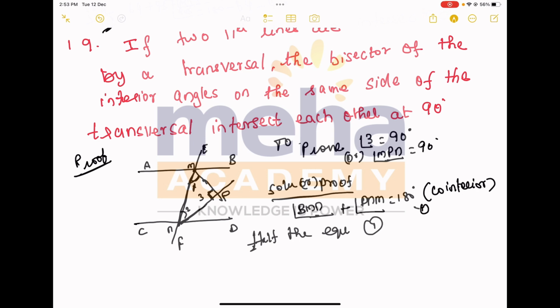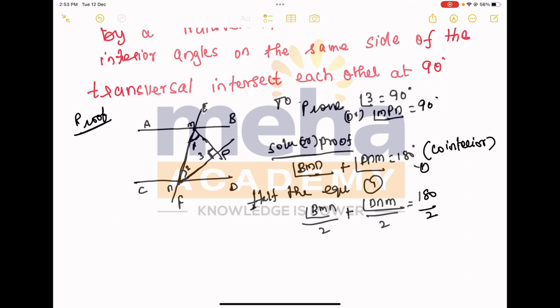Now let's take half of the equation. It becomes angle BMN by 2 plus angle DNM by 2 is equal to 180 over 2. We know half of angle BMN is angle 1, and half of angle DNM is angle 2. 180 over 2 is 90, so angle 1 plus angle 2 is 90 degrees. We keep this as 2.